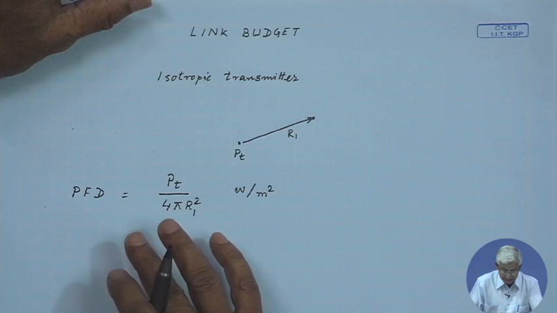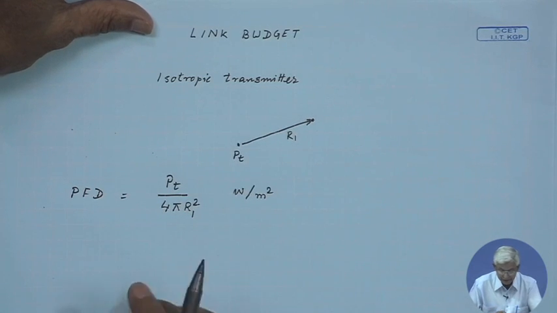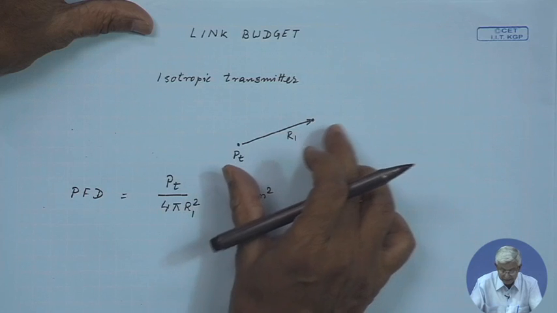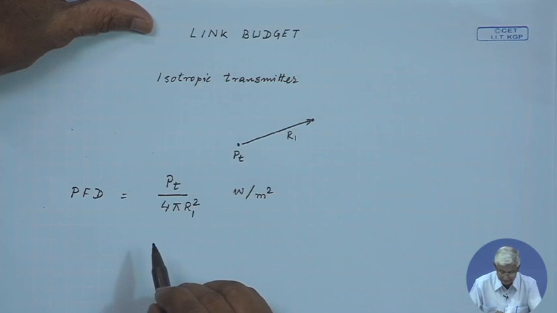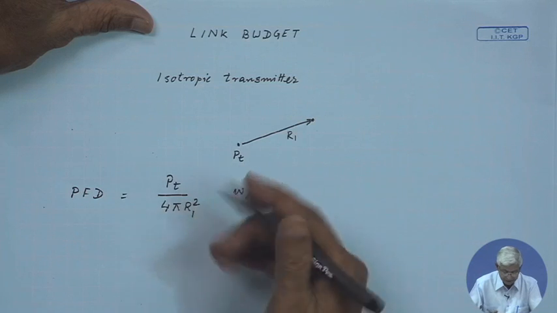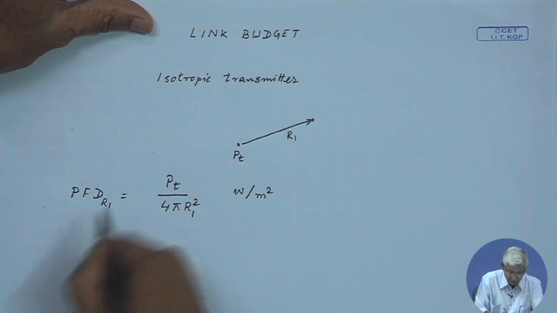Now, let us look at this. As I increase the distance, the power is reduced by the square of the distance. This is the PFD at R1.